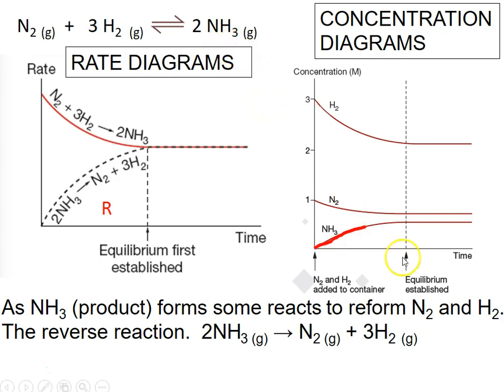Okay, so we're looking at the reverse reaction now. So concentration is low to start with, so the rate of the back reaction is low. And then as the concentration increases, the rate, this y-axis is rate, so the rate of the back reaction is increasing.